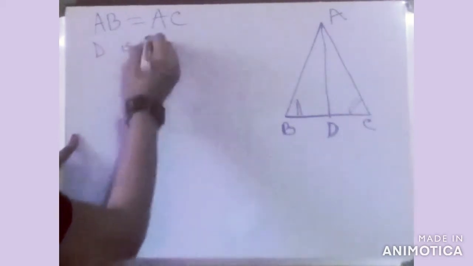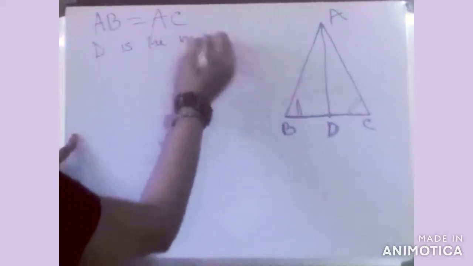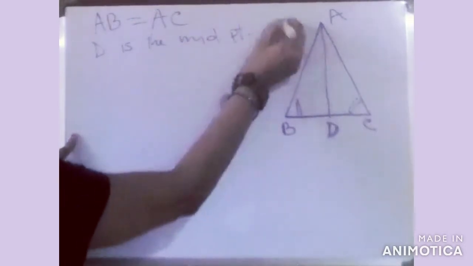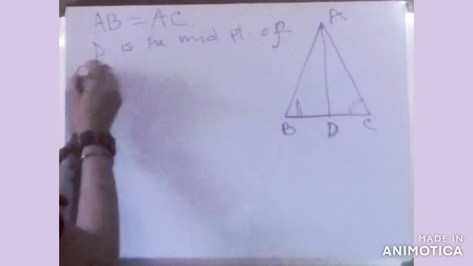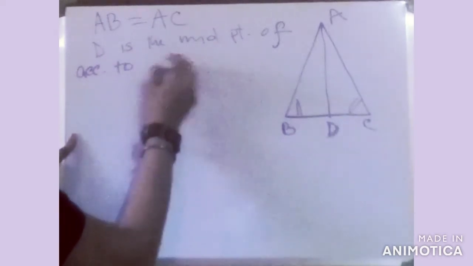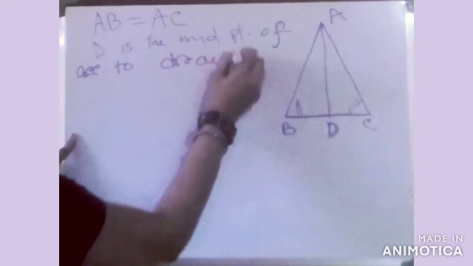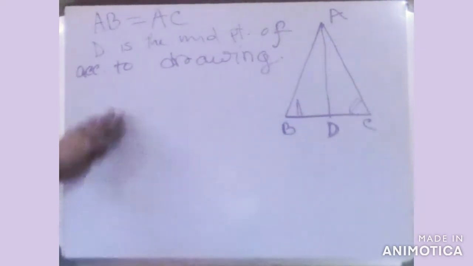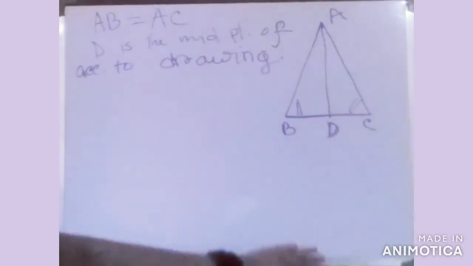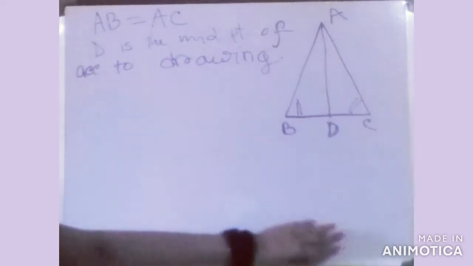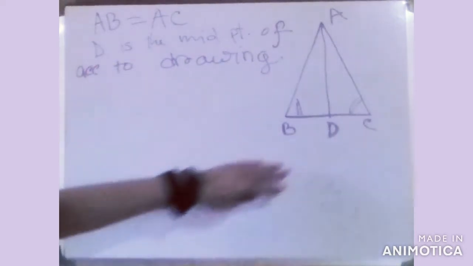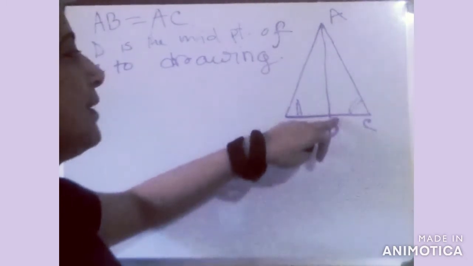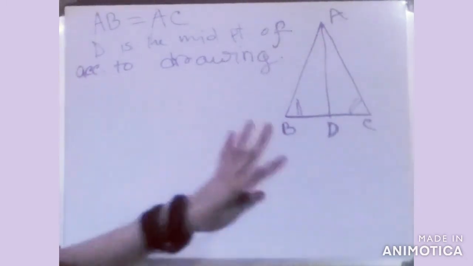So D is the midpoint of BC according to our drawing. So AB is equal to AC because it is an isosceles triangle, and we have drawn AD, where D is the midpoint of the side BC.